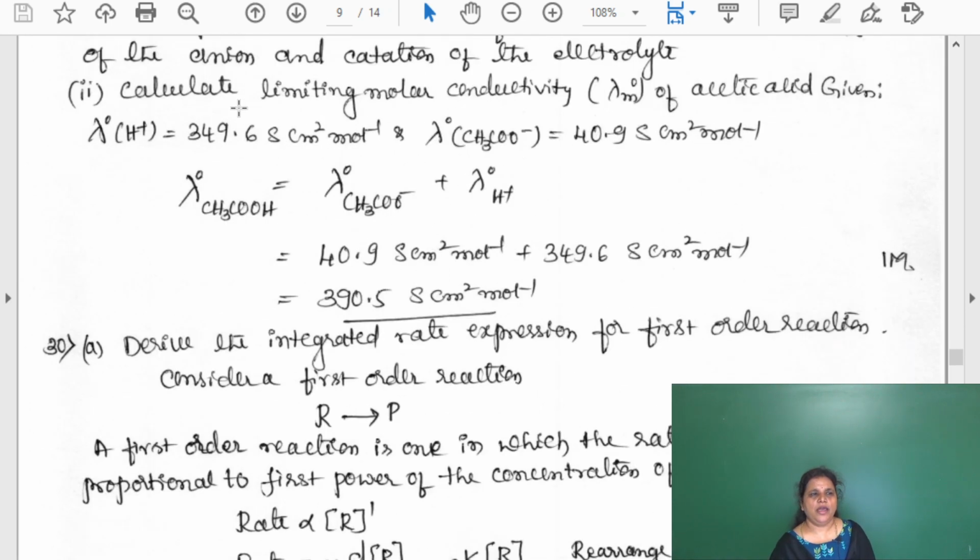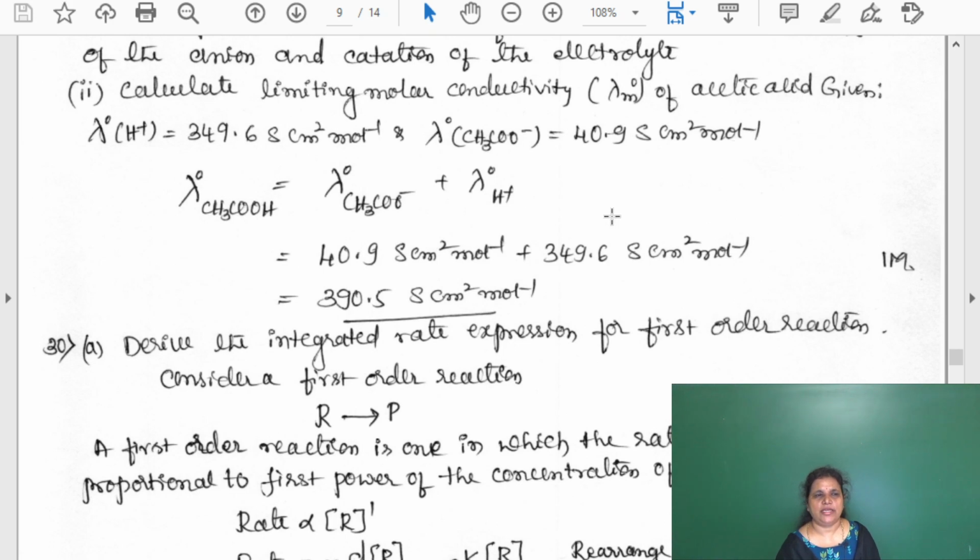Second one, calculate limiting molar conductivity lambda m naught of acetic acid, given the limiting molar conductivity of H plus ion, that is cation, with unit, and limiting molar conductivity of acetate ion is also given as 40.9 Siemens centimeter square per mole.